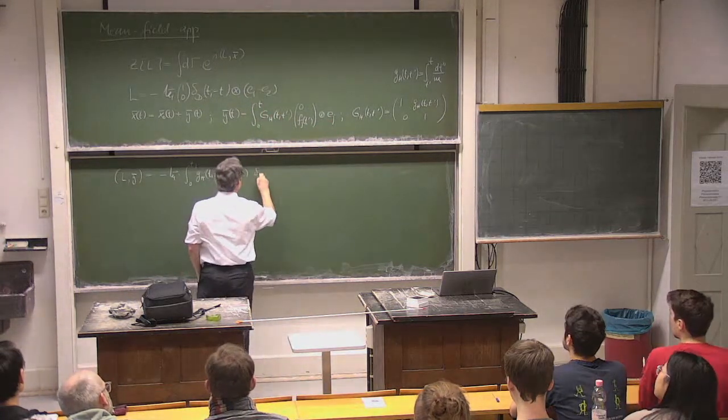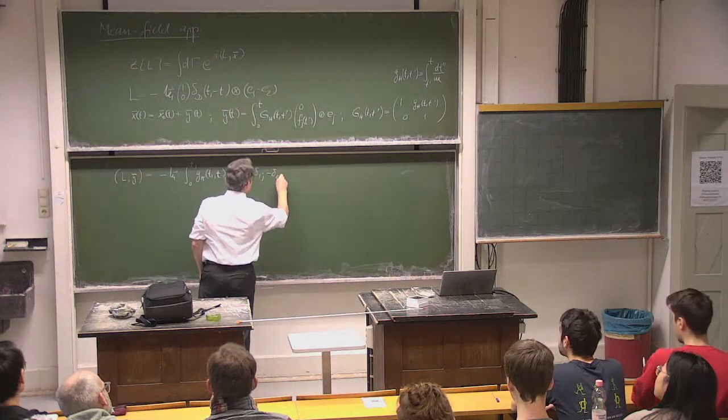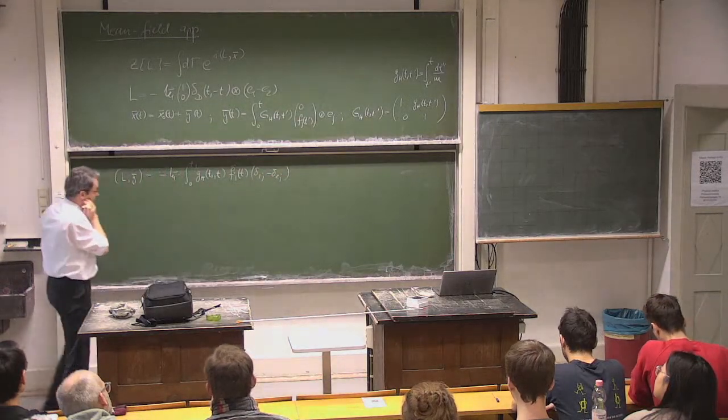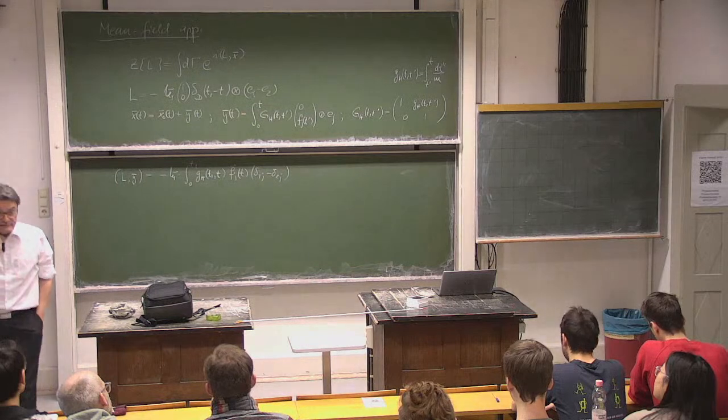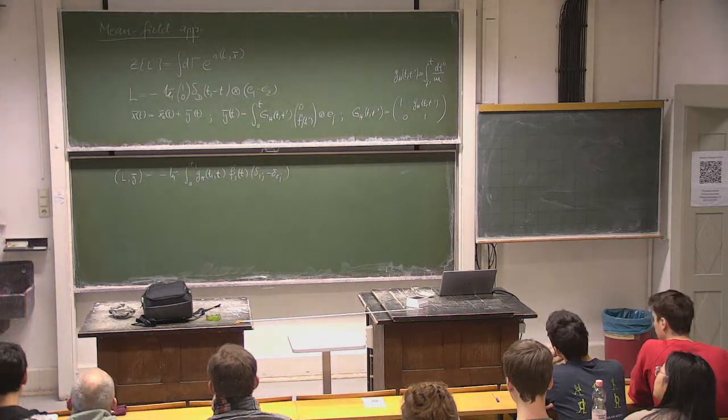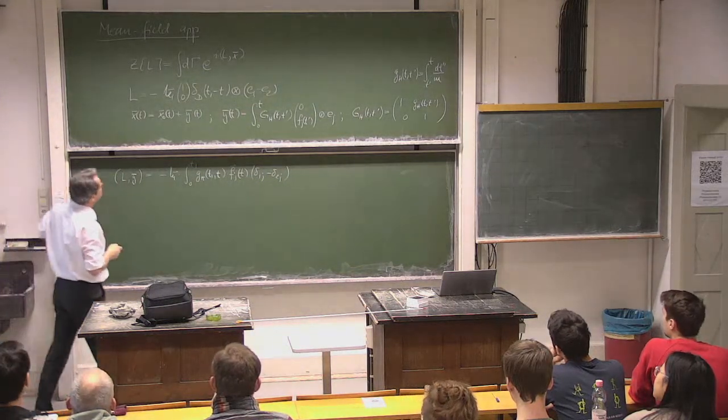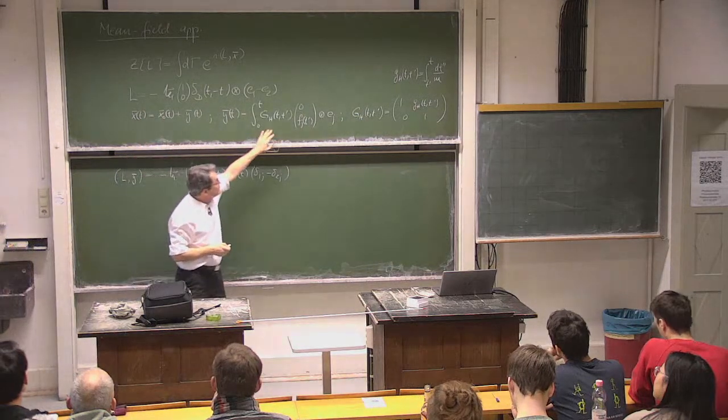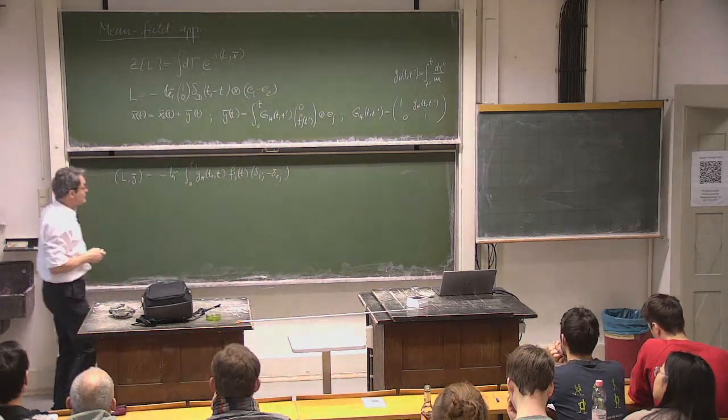So I get delta 1j minus delta 2j. And that's the complete scalar product between the shift tensor and the interacting part of the trajectory.